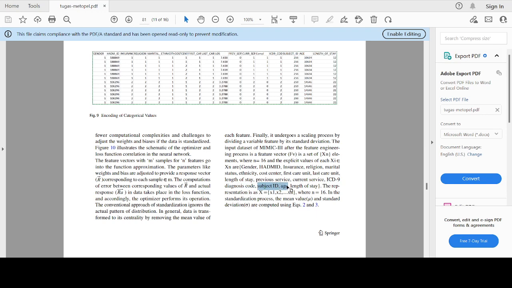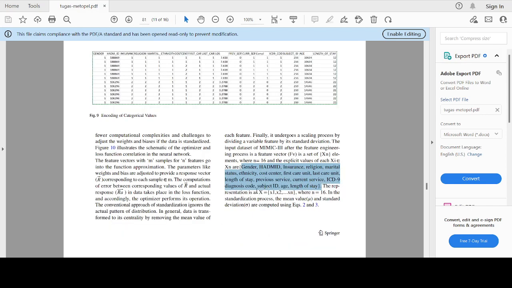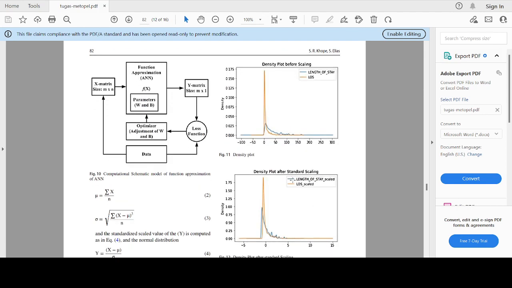And subject ID, length of stay. So basically this is the basic feature set, the repetition of x where n is 16. Let's count: 1 2 3 4 5 6 7 8 9 10 11 12 13 14 15 16. Yeah, exactly 16.